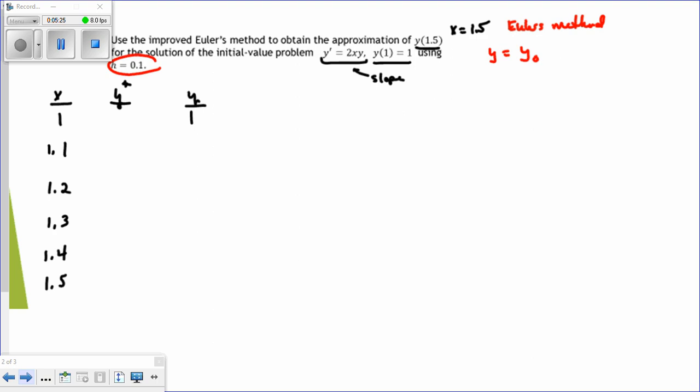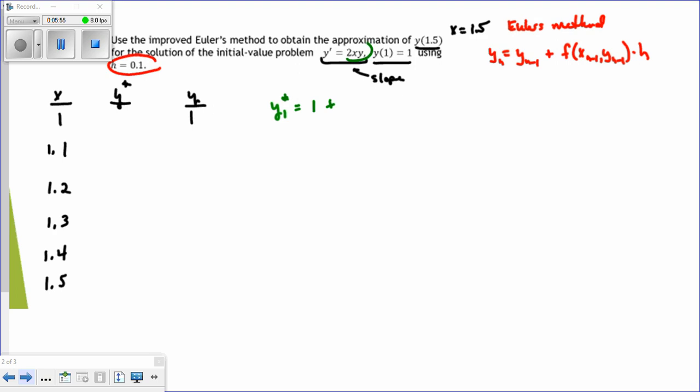So we'll do this. We'll say this is n and this one's n minus 1. Okay, and that'll be times 0.1 each time. So using that formula, our y1 predicted value will be the previous y, which is 1, plus the slope.